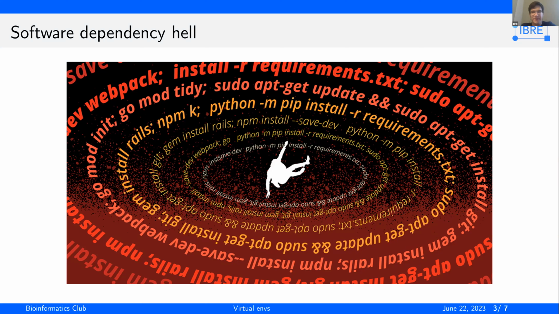And these two are virtual environments, which is the topic of today's discussion. And the second option, of course, is containerization, which most commonly implies the usage of Docker, and recently Singularity has been becoming more and more popular as an alternative to Docker.